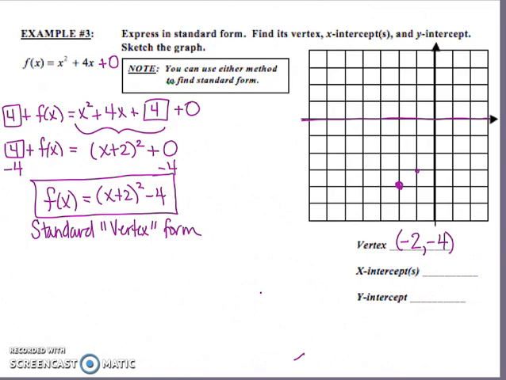So I'm going to go over 1, up 1, over 2, up 4, and over 3, up 9. And then I can just reflect these points over to build the left side of my parabola.